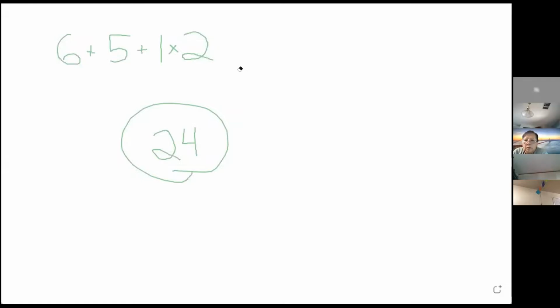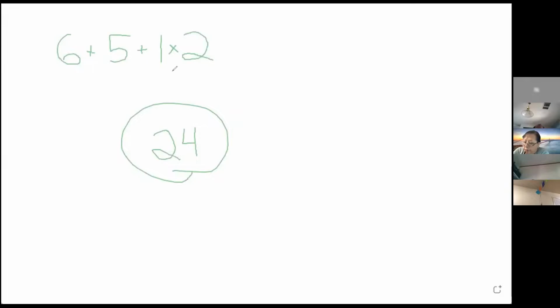Oh, okay. What if I have no parentheses? What would I do first? Ashley, sorry, what was that? If you had no parentheses, it would be 2 times 1 first because of order of operations. Yes, because we do multiplication before addition and subtraction.